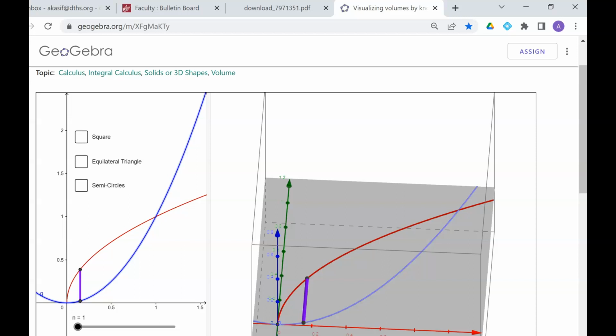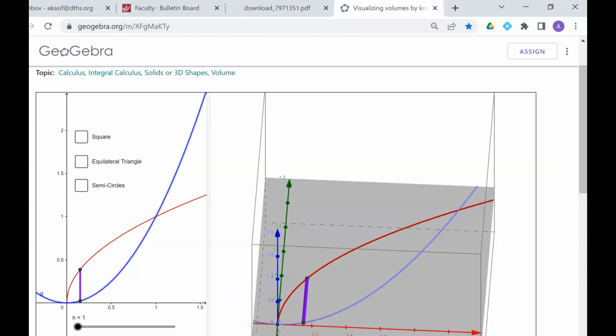So the first thing we want to look at is a typical cross-section. If we were to draw from the top curve to the bottom curve, that's the length of the cross-section. Now, these cross-sections can be any type of shape. They could be a square, a triangle, a rectangle, a semicircle.